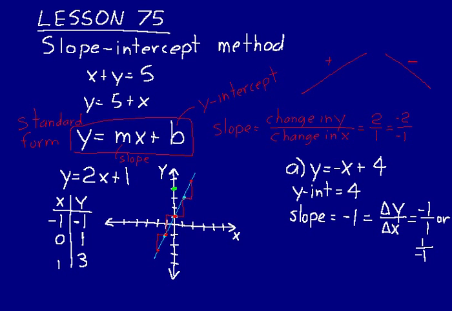Down 1, because it's a negative 1, to the right 1. And so we go down 1 to the right 1, make a point. Down 1 to the right 1, make a point. Down 1 to the right 1, make a point. We have 4 points now. That's plenty to make our line. And so there's our line right there.